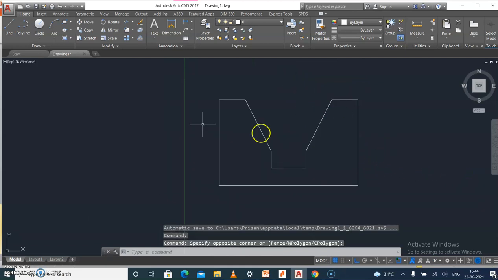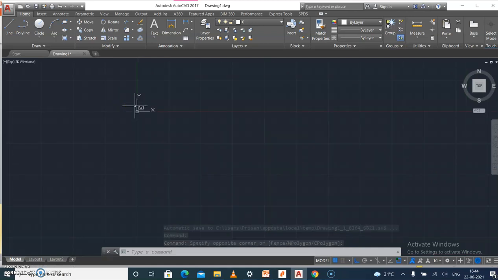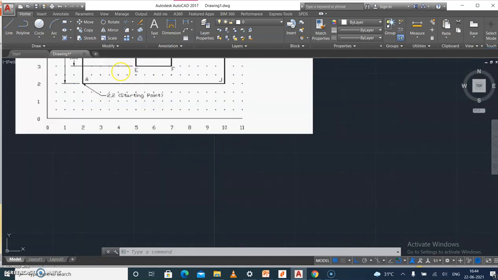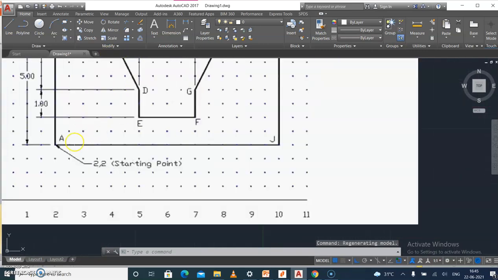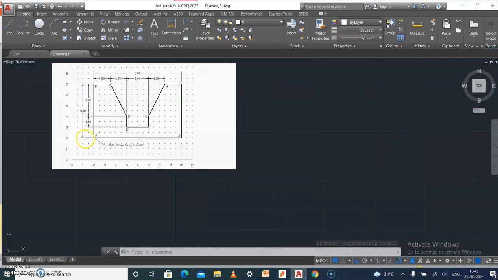So what happened here: in this image we take first this point, and then from this point to this point we see how much distance there is, from 2 to 7.